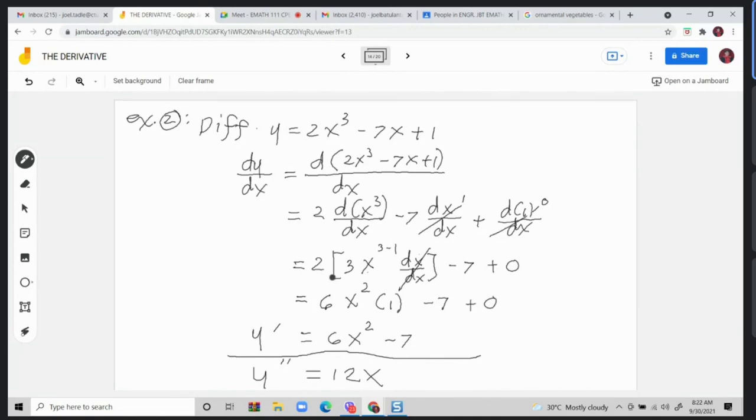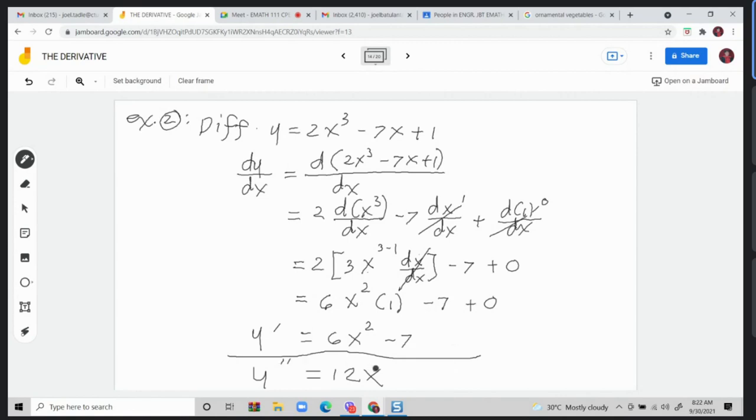Then 2 times 3 is 6, then x squared, since 3 minus 1 is 2. dx over dx is 1. Then minus 7 plus 0. So our final answer is 6x squared minus 7.